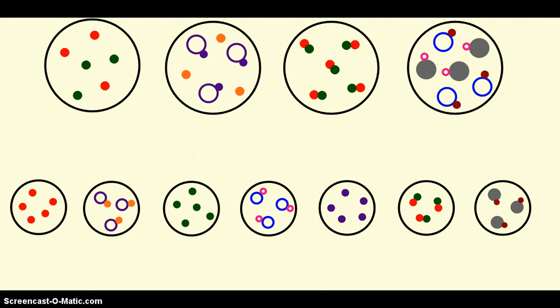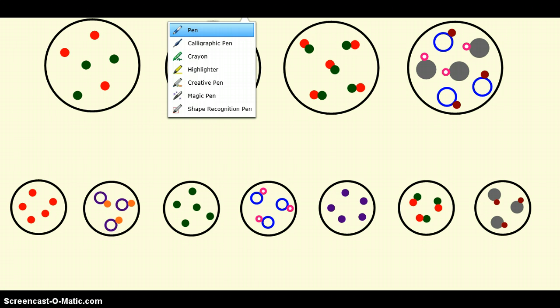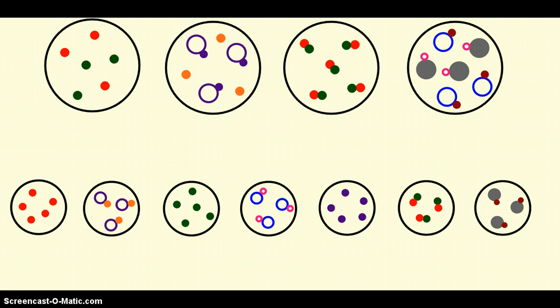In my first vessel, I have red dots and green dots. So I have two different elements. And that came from our decomposition reaction. And so our decomposition reaction means we start with this compound and it breaks apart into those elements.